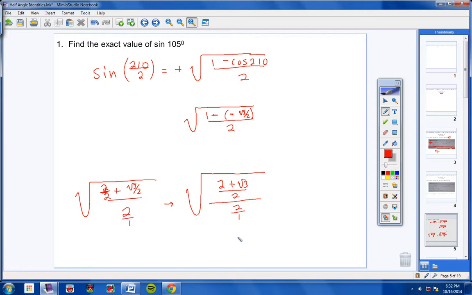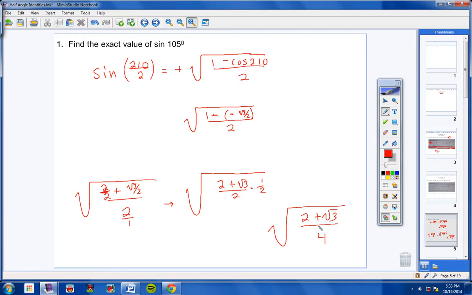Okay? Now, if you take the bottom fraction and you flip it and multiply it times the top, if you take 2 over 1 and flip it, you will get 1/2. So you end up with this right here. The square root of 2 plus square root of 3 times 1 is 2 plus square root of 3, and 2 times 2 is 4.